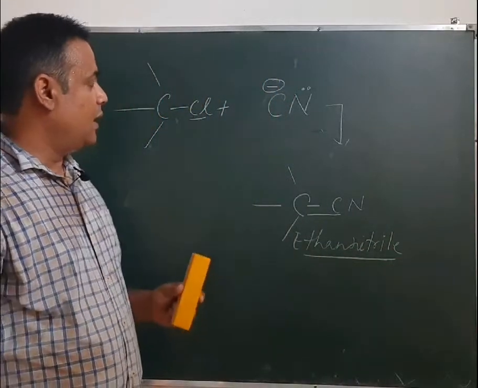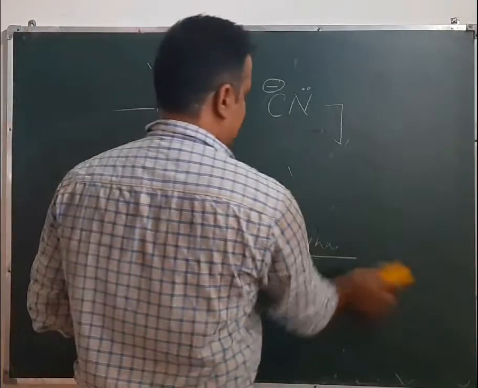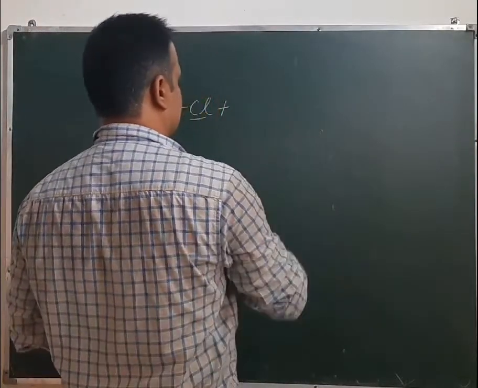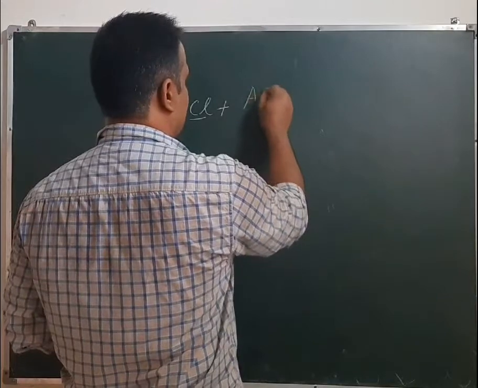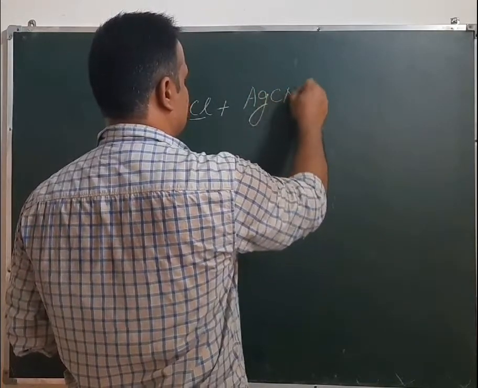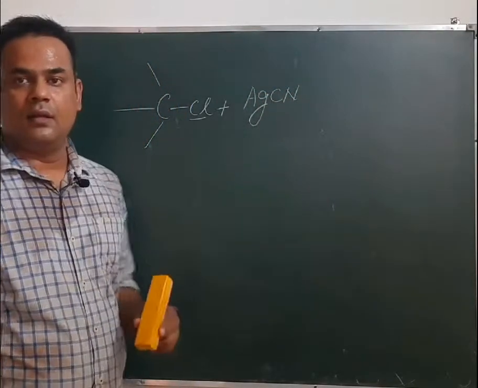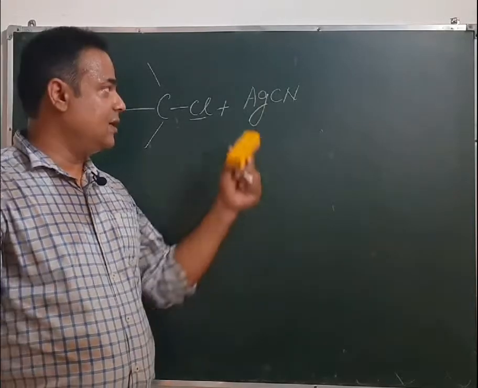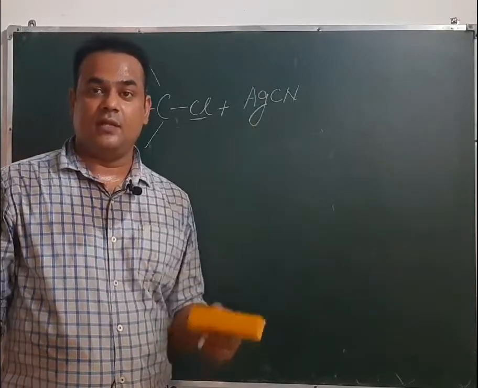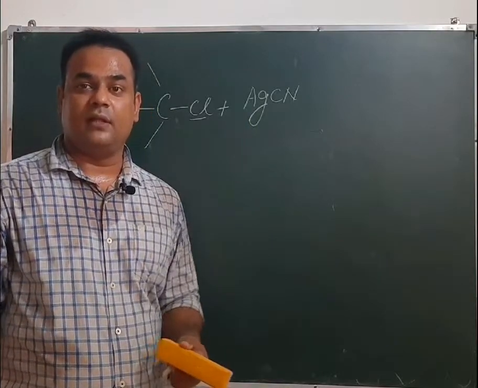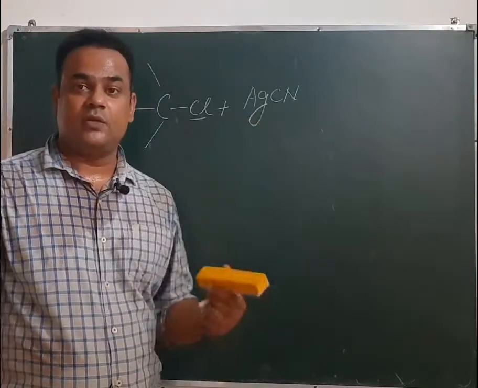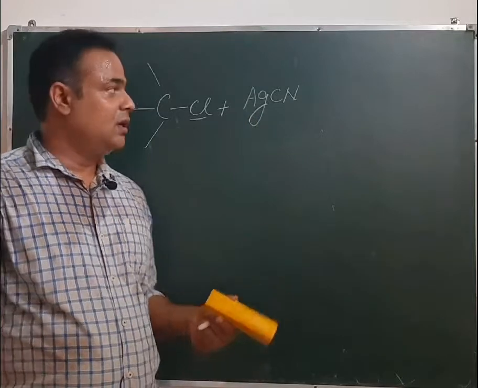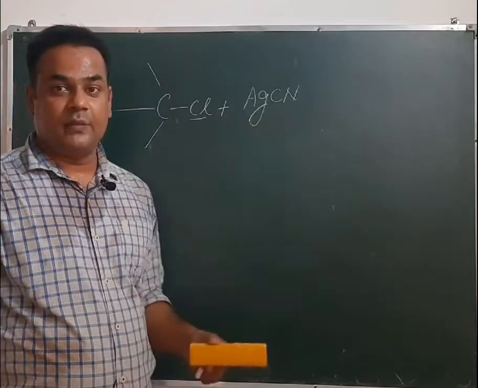Similarly, if we are using AgCN here, it looks like here also a metal is there, and sodium and potassium were also metals, silver is also a metal, so the same reaction will take place.